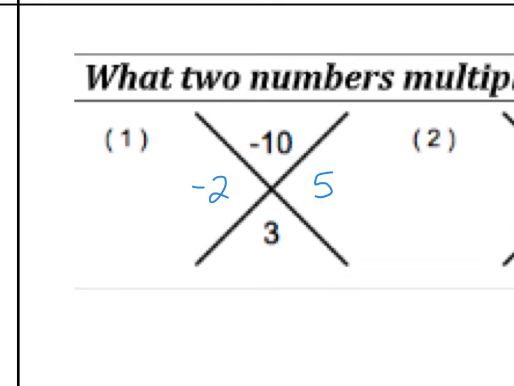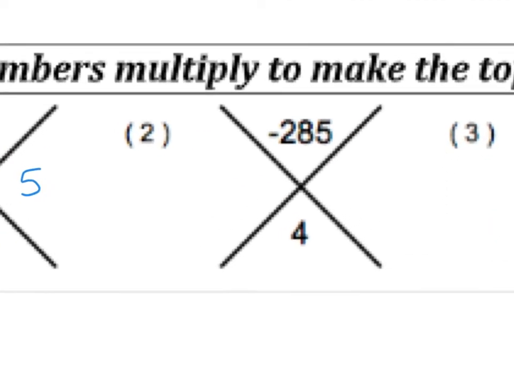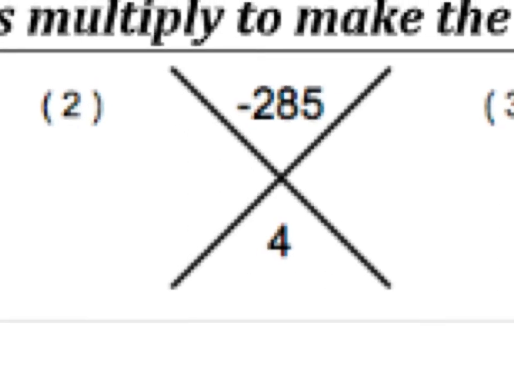Okay? Sometimes these are not going to be so easy just to look at and know. You're going to have to do a little guess and check with your calculator. Like, for instance, on number 2. I don't know all of the factors of 285 by heart. That's not something I had to memorize in 4th grade or whenever you learn factors. So I'm going to take my calculator and I'm going to take 285 and I'm just going to start dividing it by numbers.